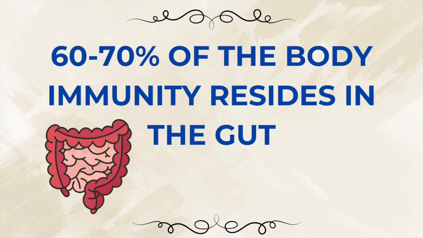Another function of these beneficial bacteria is that they are vital for, you guessed it, your immune health. And as I always say to our new patients, 60 to 70% of your body's immunity resides in the gut. So now we're actually looking at the root component of your immunity.